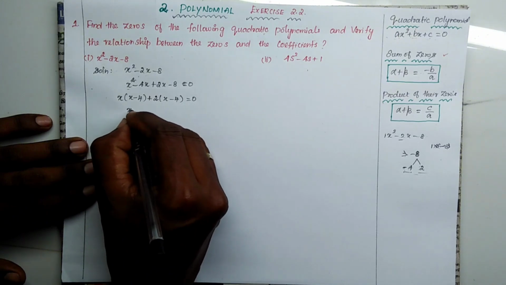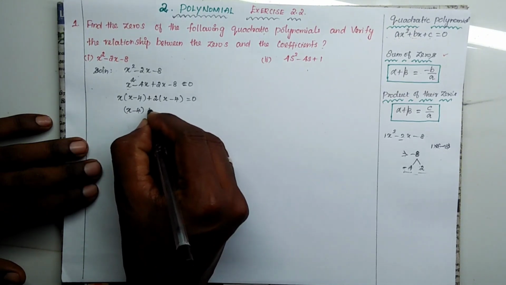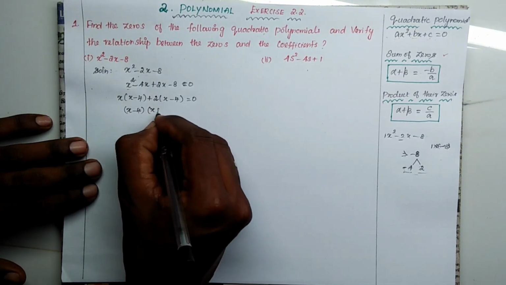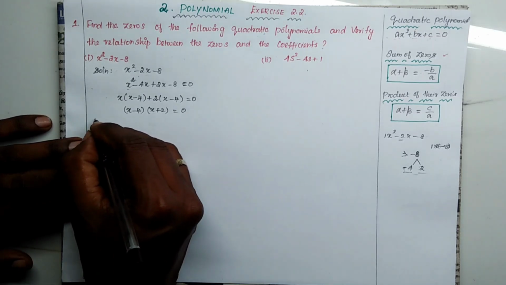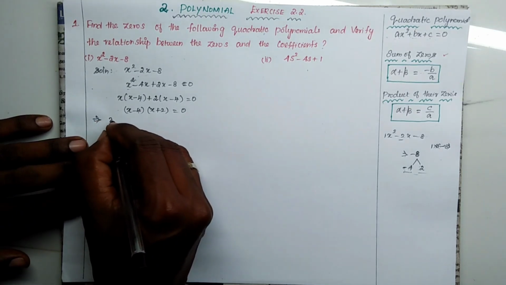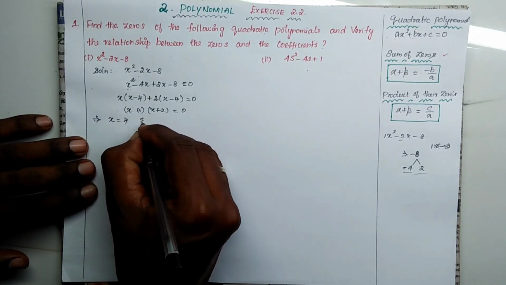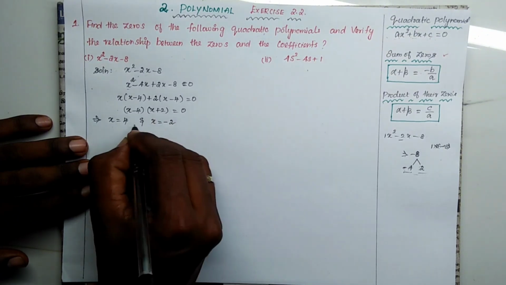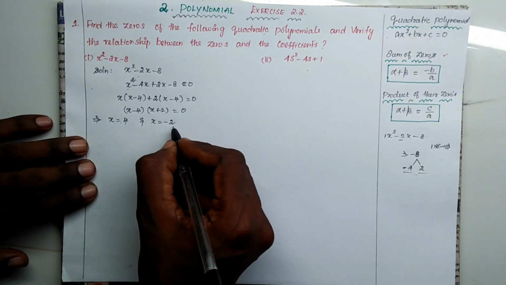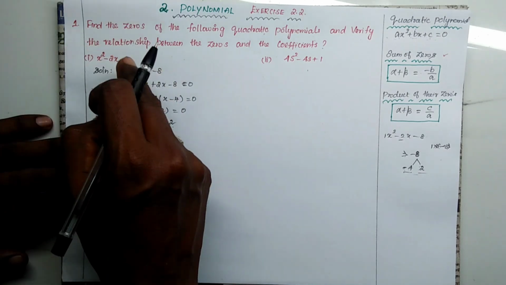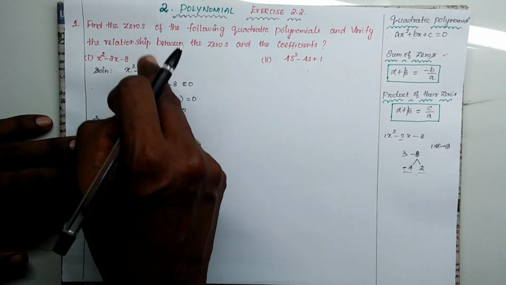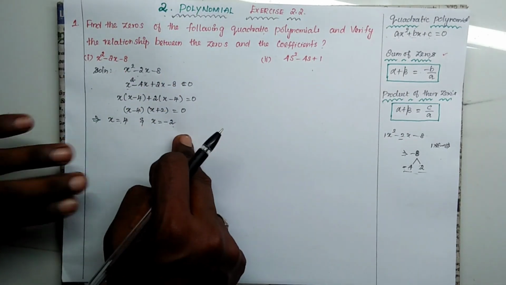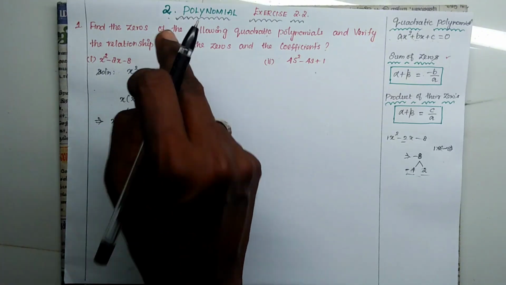Commonly we have x minus 4. So taking x minus 4 outside, x plus 2 will be there. So now the factors give x equal to 4 and x equal to minus 2. These are the two zeros. When x is equal to 4 and x is equal to minus 2, this quadratic polynomial becomes 0. Hence these are the zeros of the polynomial.